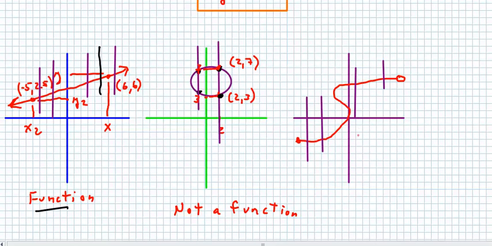Only hit 1 point. But I come here and draw my vertical line. I hit 3 points. I hit here. I hit here. I hit here. If there is any point where I hit more than 1 point, it's not a function. Not a function.